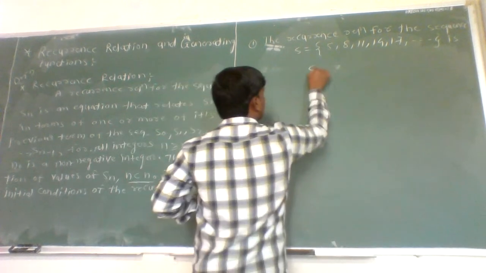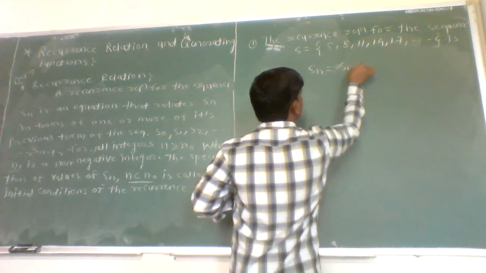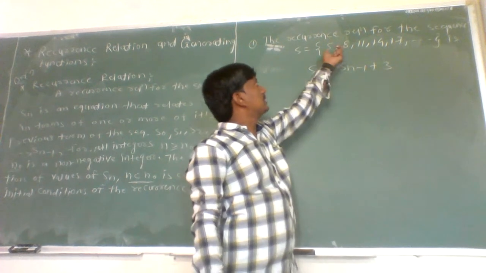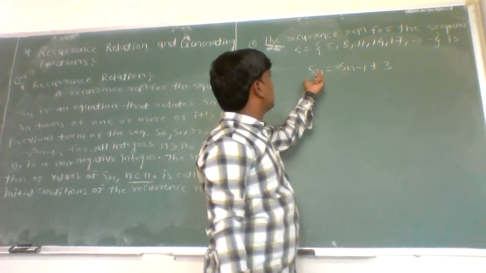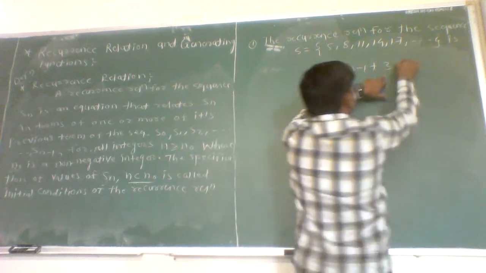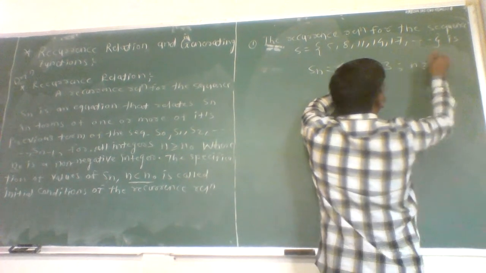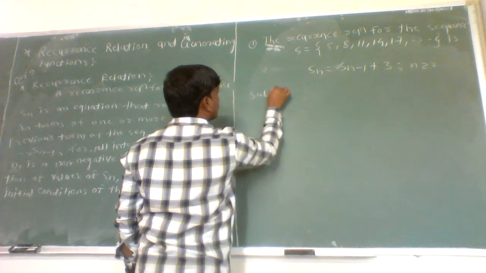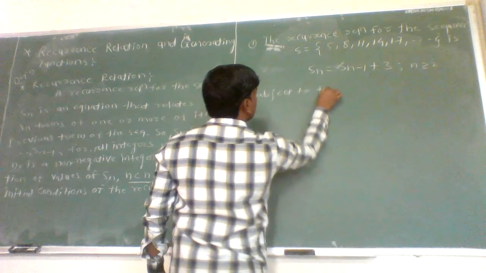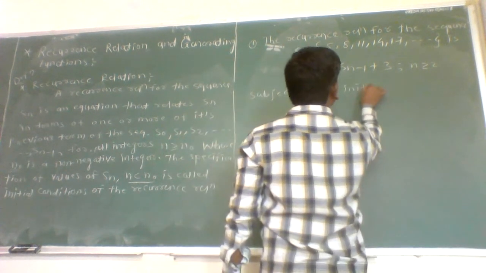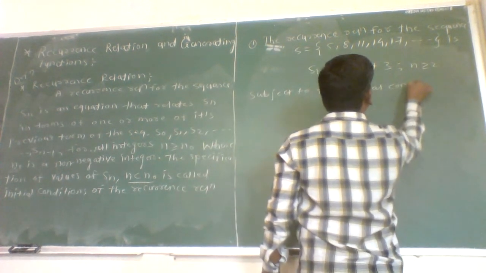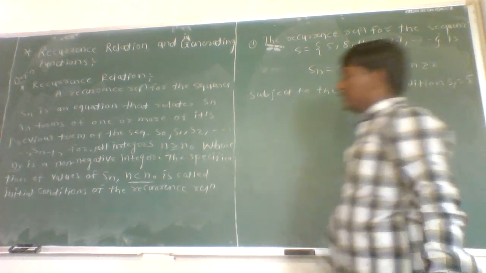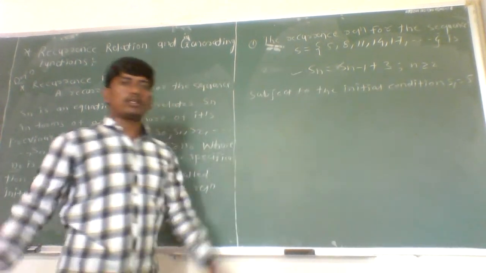Since each term of the sequence differs by 3, the recurrence relation is Sn equal to Sn minus 1 plus 3, where n is greater than or equal to 2, subject to the initial condition S1 equal to 5.